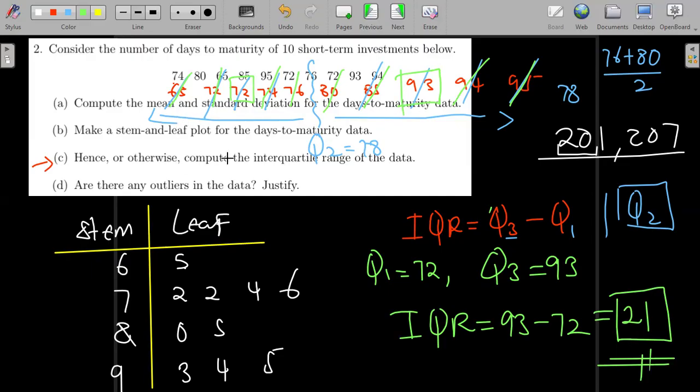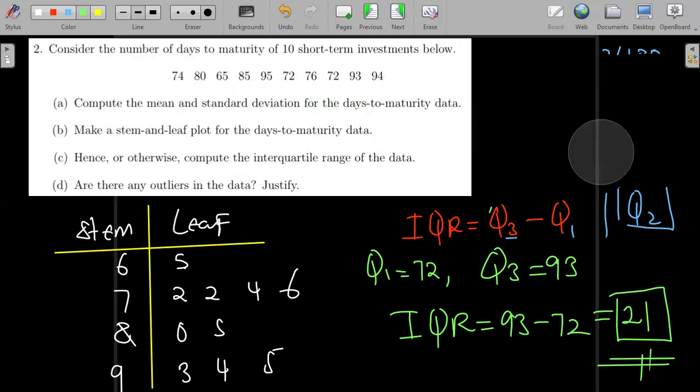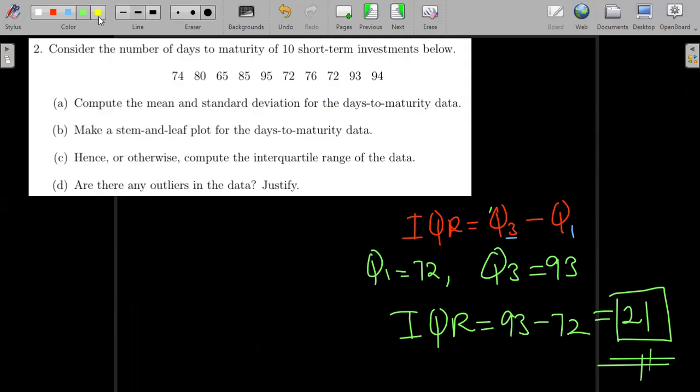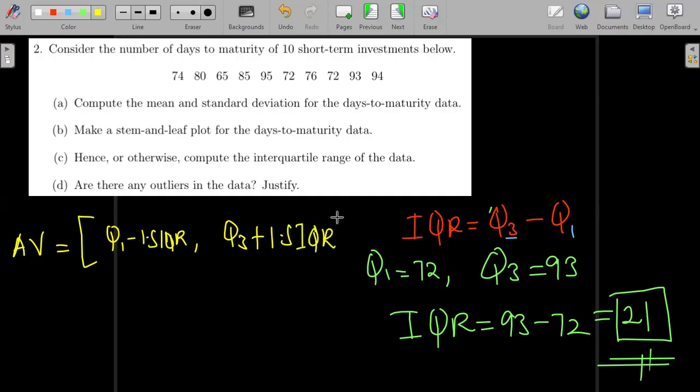And then what other questions are they asking here now? They're saying, are there any outliers in this data? So how do you know that a value is an outlier? First of all, you have to know the range of accepted values. Accepted values is equal to Q1 minus 1.5 multiplied by the interquartile range, and then the upper value to be Q3 plus 1.5 multiplied by the interquartile range.